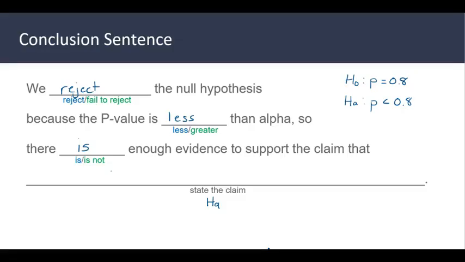We have enough evidence to support the claim that Coach Rivers makes less than 80% of his free throws. Okay, so I'm not just going to write symbolically this mathematical statement. We want to talk about it in context of the problem, so this should be words. All right, and that is how you do a hypothesis test.